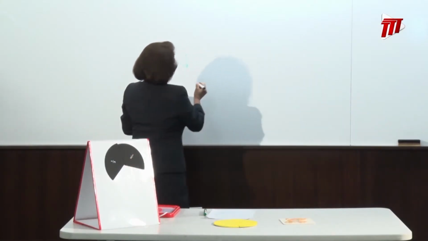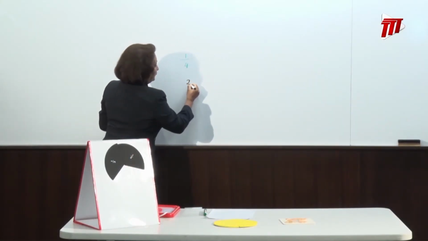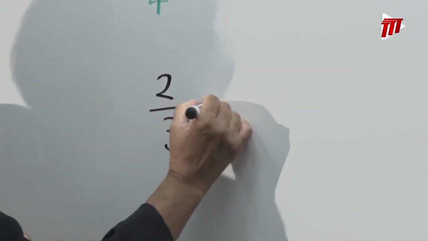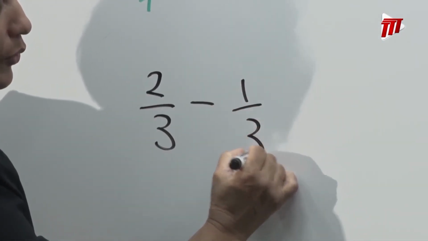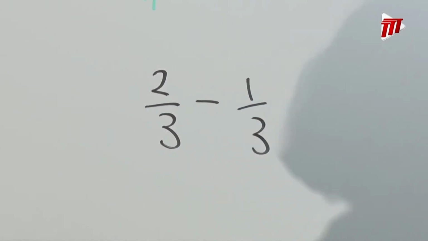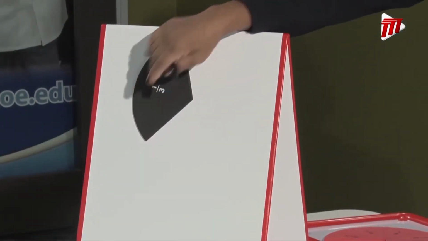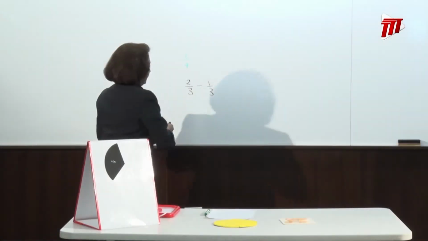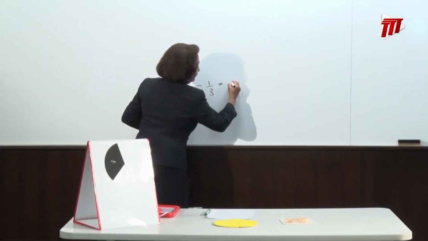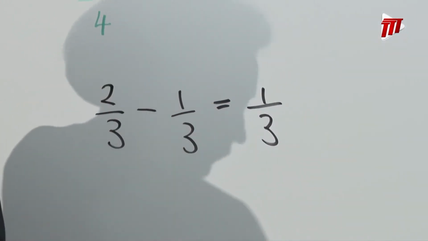So we could write that. The question is, I have 2/3, and I want to subtract 1/3 from that. Now, visually, it's easy because all I'm going to do is take that away, and I am left with 1/3. So my answer would be equal to 1/3.